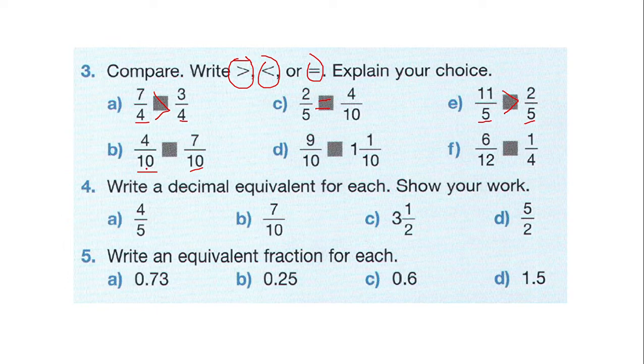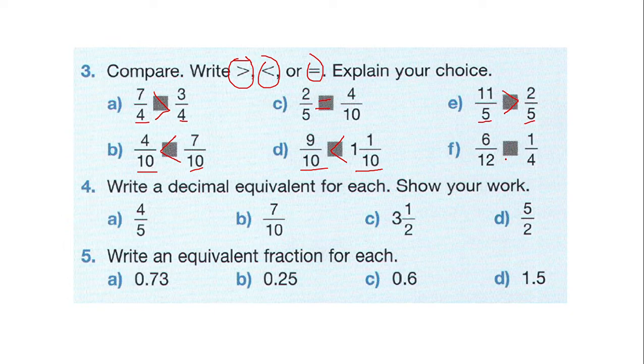So 10 pieces for this one, 10 pieces for this one, 7 pieces greater than 4 pieces. For this one over here, this fraction is less than 1. We know that 9 out of 10 pieces is less than the whole. We know this fraction is more than 1. This is 1 whole plus 1/10, and that's how we write it. So this one is larger.